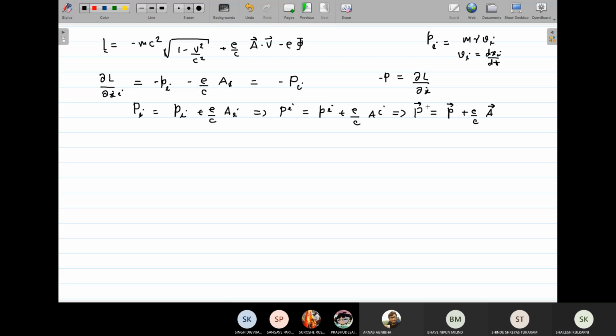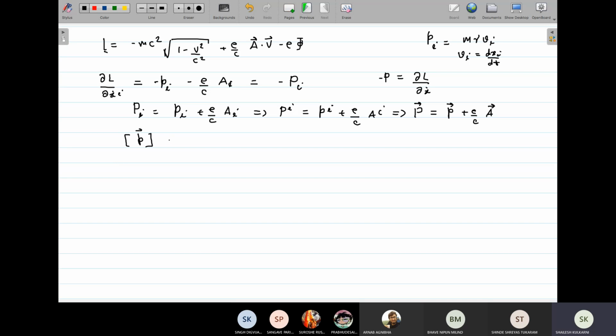Now if there is only a magnetic field, no electric field, then whatever expression you have for a free particle, which depends only on p, is some expression that depends only on this p.